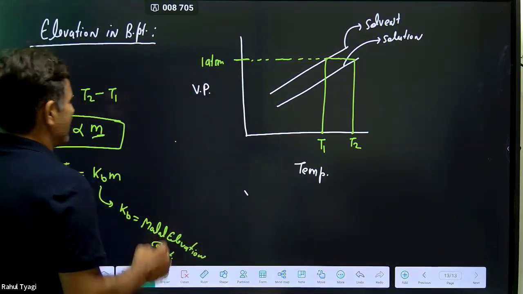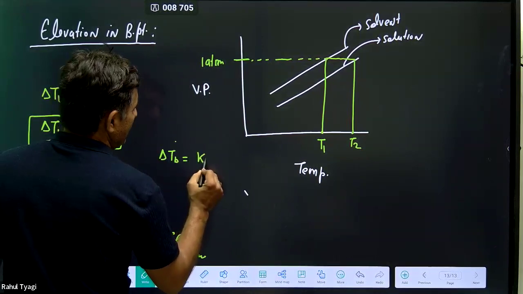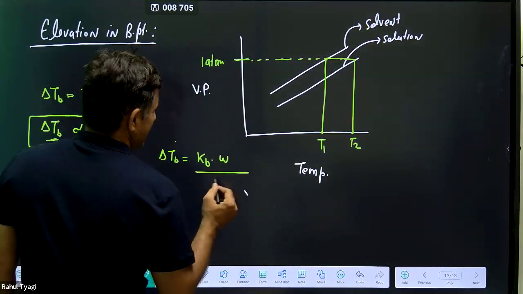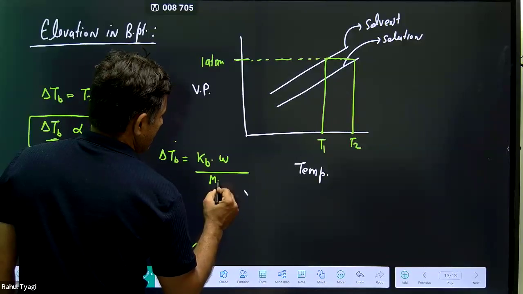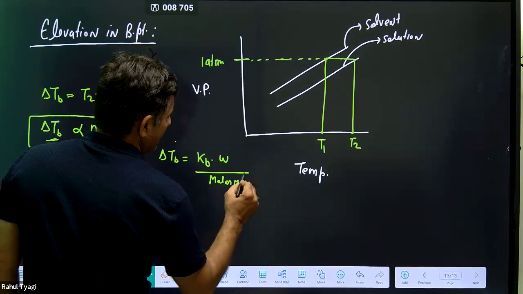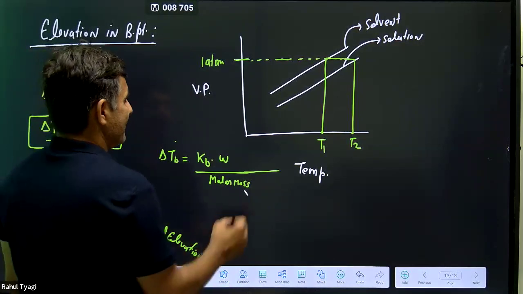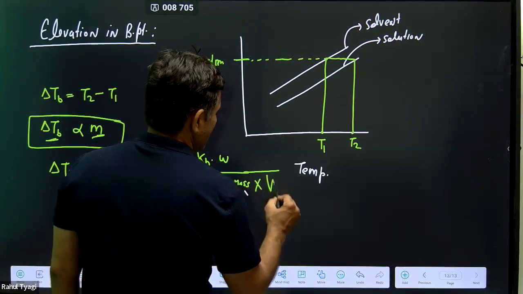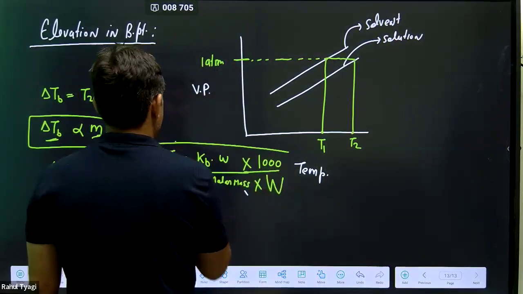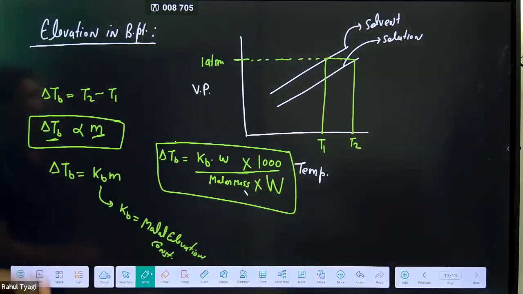I can write this formula: delta TB is equal to KB times molality, and molality is the mass of solute divided by molar mass of solute, so mass by molar mass gives moles, divided by mass of solvent in grams, into 1000. So this can also be a formula.